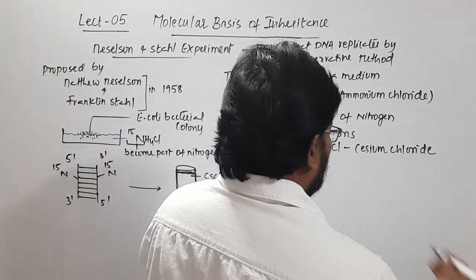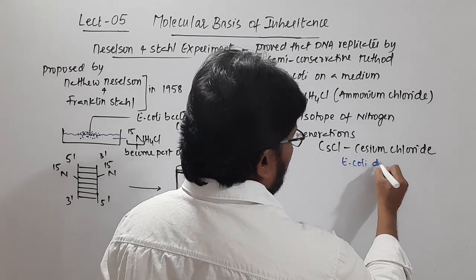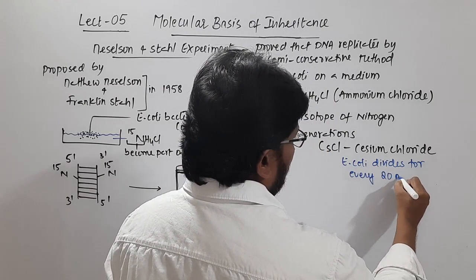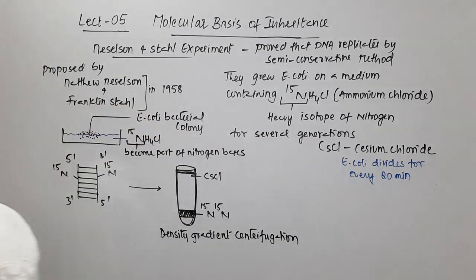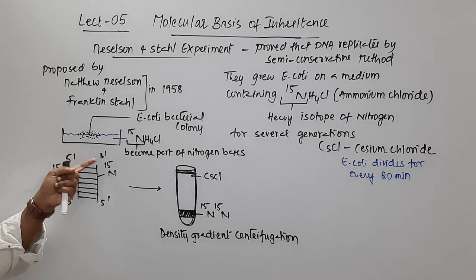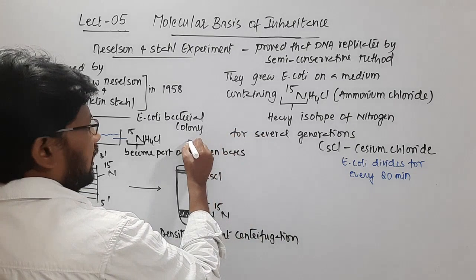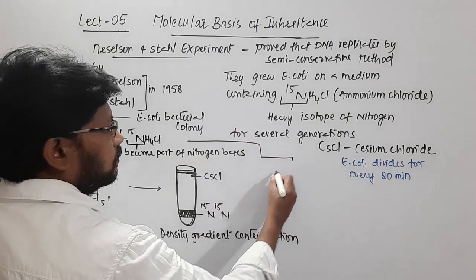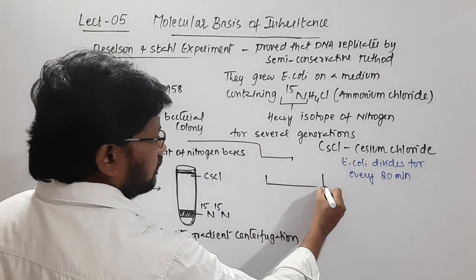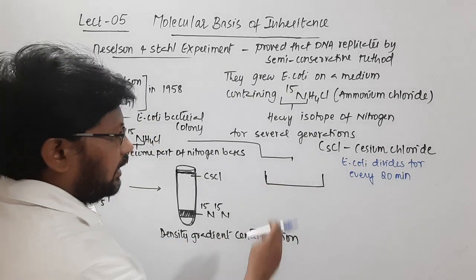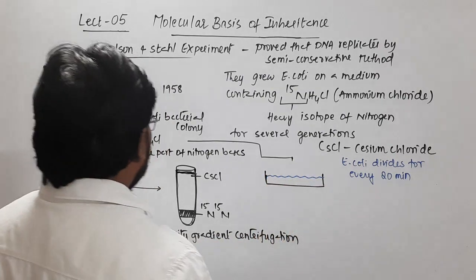One more point is that E. coli divides every 20 minutes. Now the E. coli bacteria that were grown on N15H4Cl are shifted to a medium containing N14H4Cl.